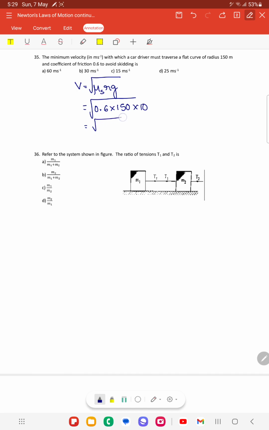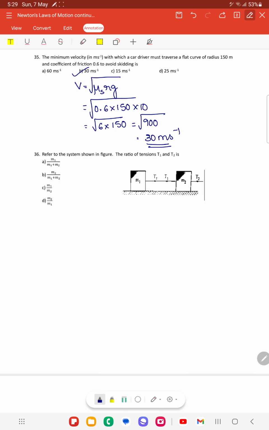So that is 6 into 150, which is 900. Square root of 900 is 30 meter per second. So option B is the right answer.